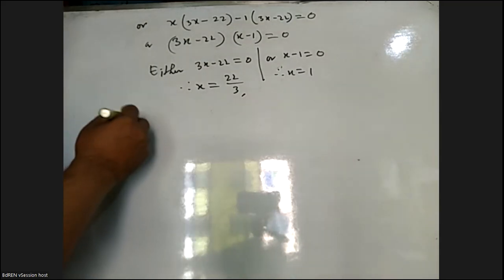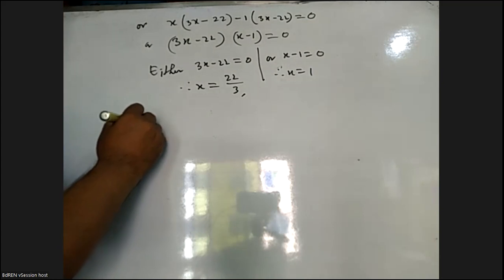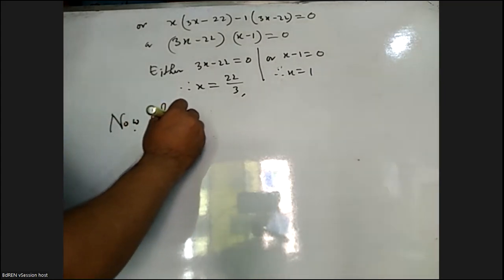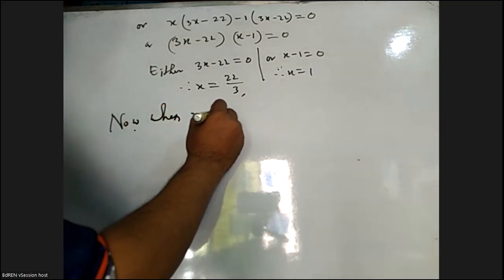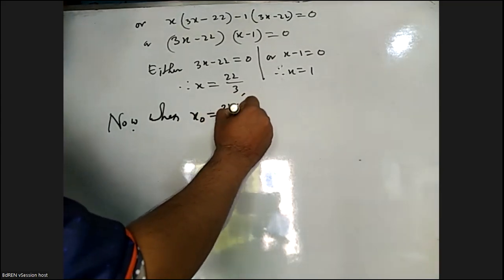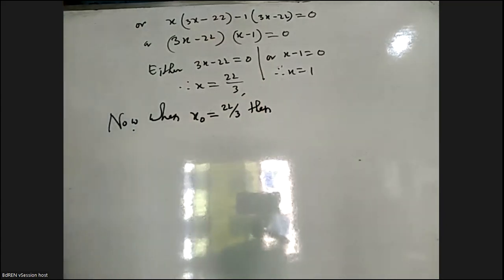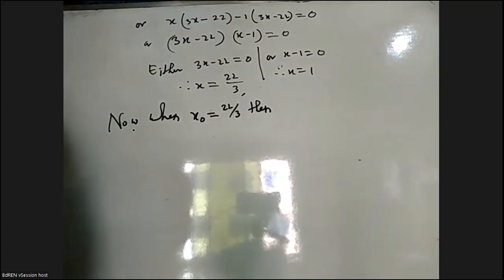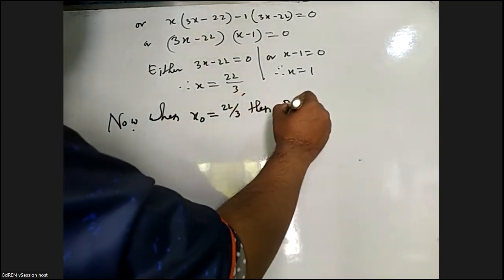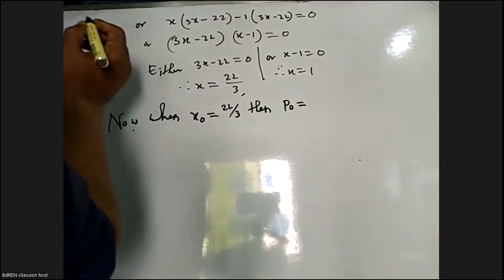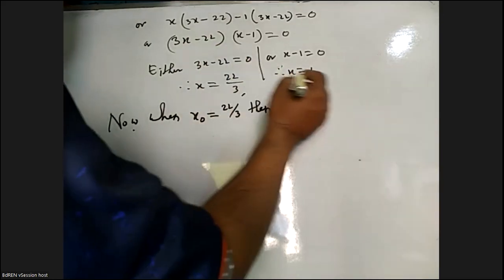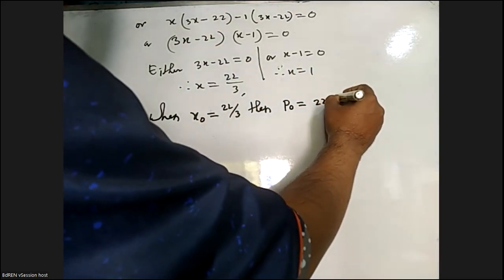Now, when x naught equals to 22 by 3, then price P naught will be 22 minus x whole square.